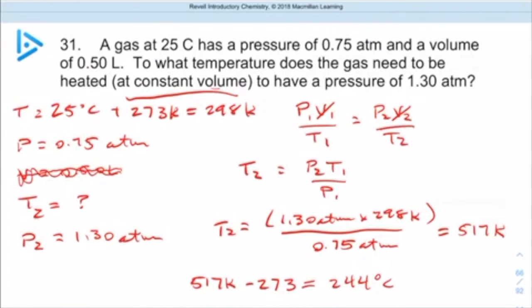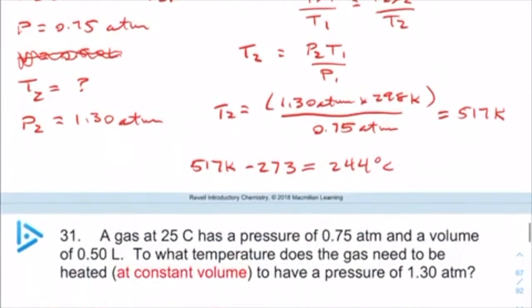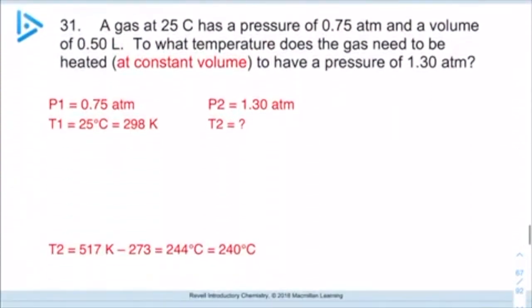Now, as you're going through these problems and you're solving for new temperatures, if you get an answer that is like thousands of degrees Celsius, something probably went wrong. Because if you think about it, the surface of the sun is around 3,000 to 5,000 degrees Celsius. So if you're getting many thousands of degrees Celsius, something probably went awry. So hopefully you would look at that and say, I don't think that's right.